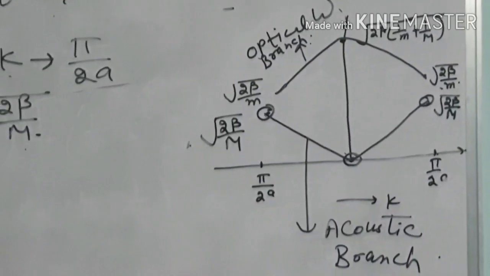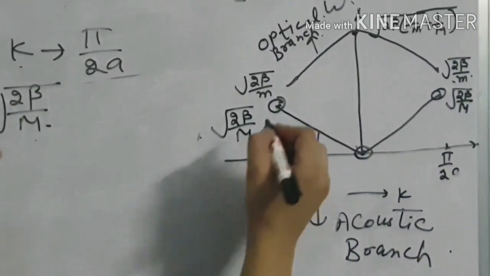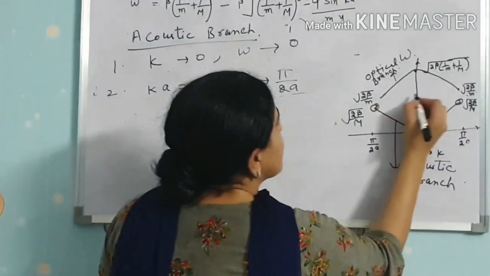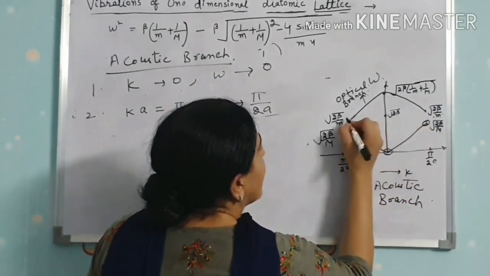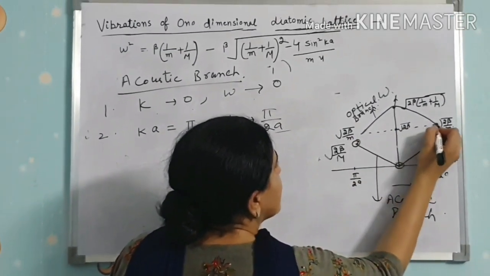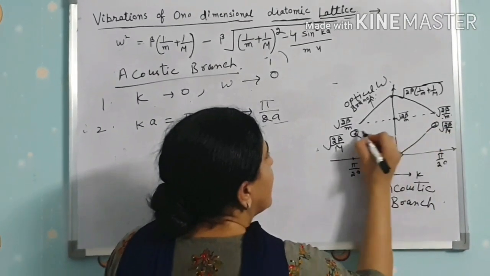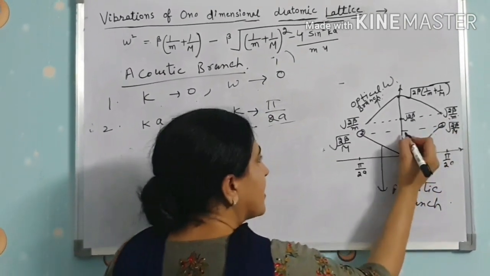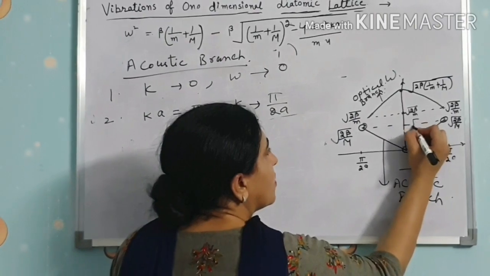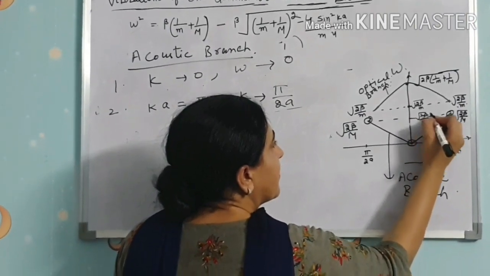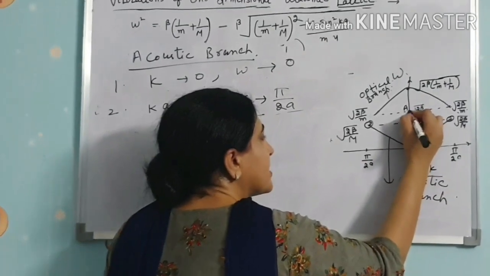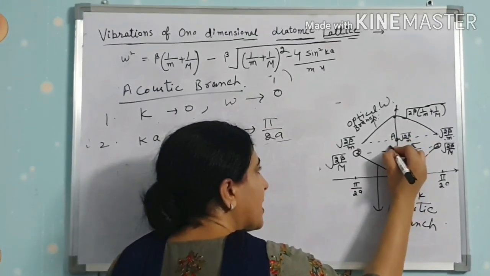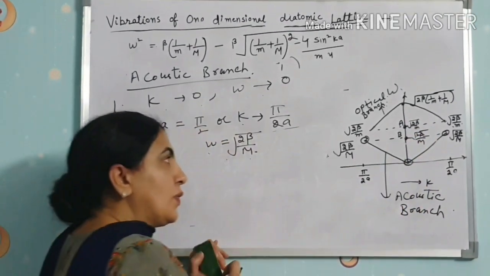Now what is the difference? See, this frequency is under root 2 beta by small m, and if we draw a line, this frequency is under root 2 beta by capital M. If this point is A and this point is B, what is the conclusion?